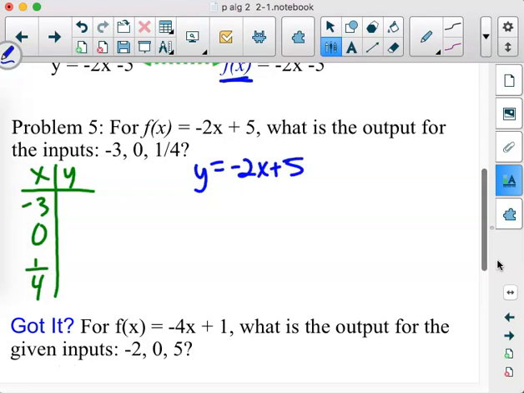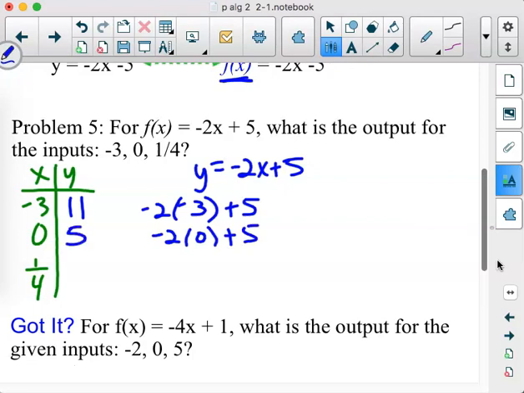So if I take negative 2 times negative 3, because that was the first number in my table here, and I add 5, what do I get? Well, negative 2 times negative 3 is 6, and 6 plus 5 is 11. Then I try 0. Negative 2 times 0 plus 5. Well, negative 2 times 0 is 0, and 0 plus 5 is 5.